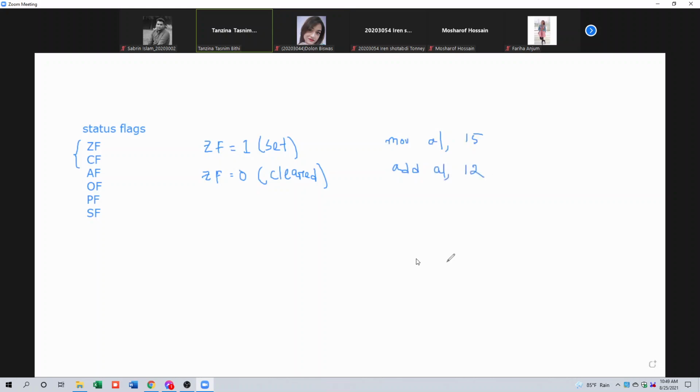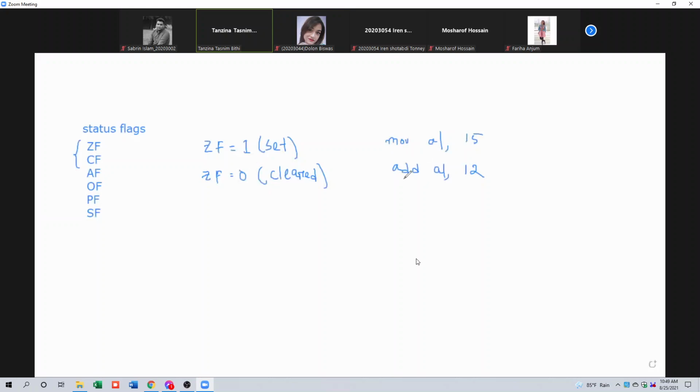What will be the value of ZF after this addition? We know that if the result of any arithmetic operation is 0, then the value of ZF will be 1. Otherwise, the value will be 0, right?